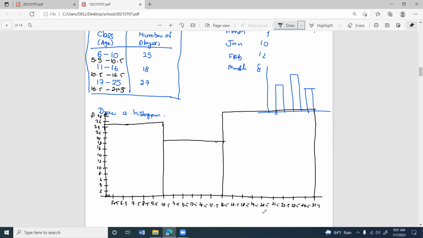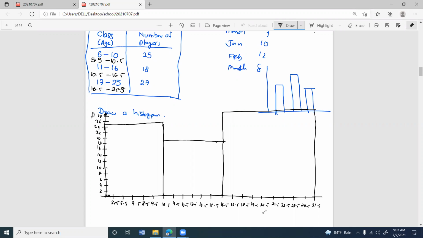With this information, what does it imply? You can see there is heavy information in the group of 17 to 25. And the next largest is the set of 5.5 to 10.5. But what is the gap over here?